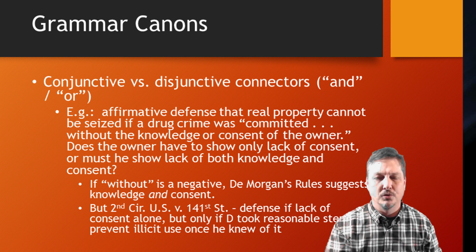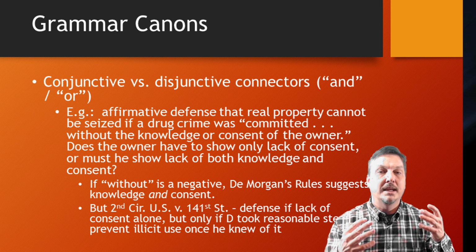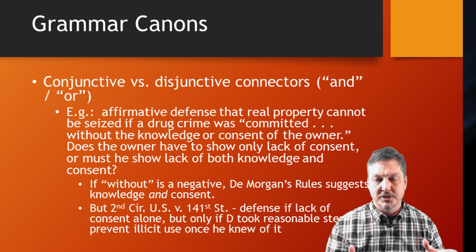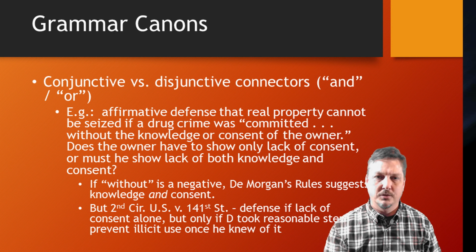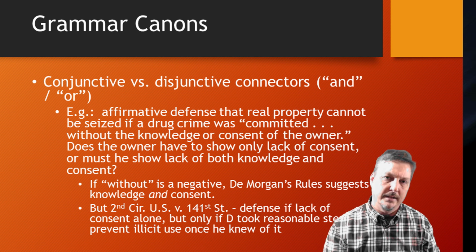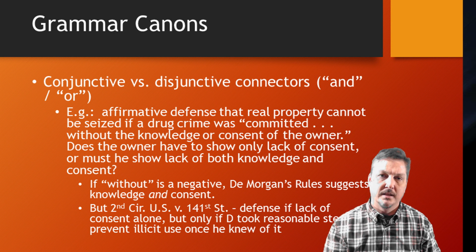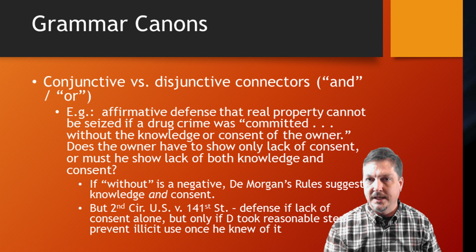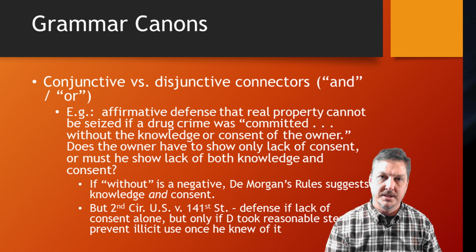They're not absolute rules of statutory construction. They can be an aid to statutory construction, but if you have a purposivist court, like I think the Second Circuit was in that case, you might find a way of reading the statute a little bit differently, the court might do that to make it come out in a way that it thinks is more fair. And whether that's appropriate or not, of course, depends on what you think about your philosophy of reading statutes.